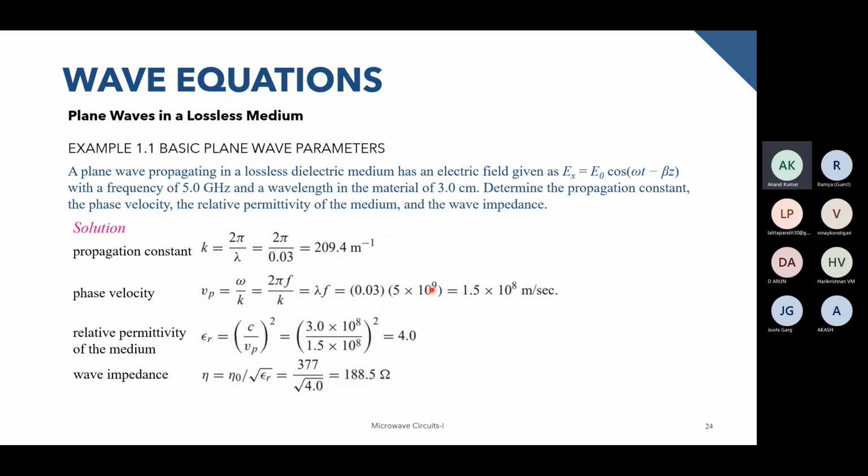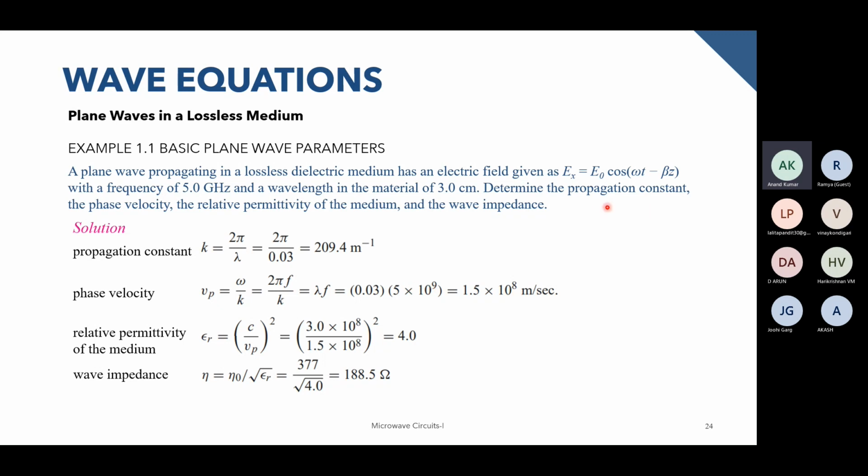We did this particular numerical where we had a wave propagating in a dielectric medium. We know the frequency of the wave as 5 gigahertz, we have the expression for the electric field, and we also had the wavelength of the wave in that particular material.